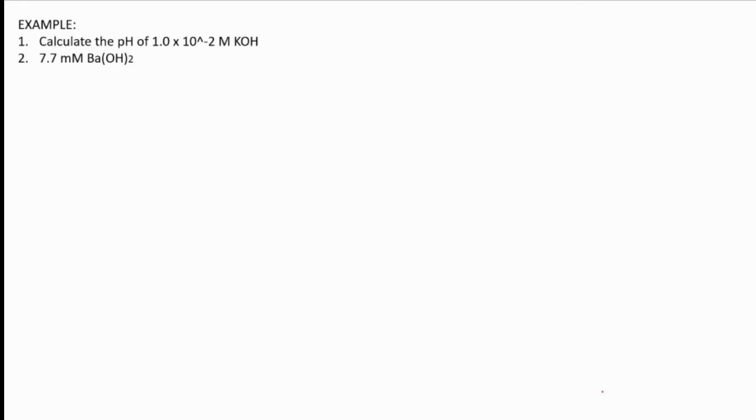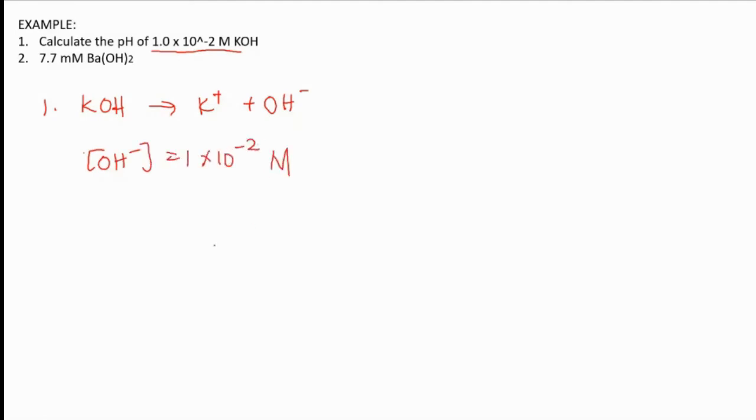So, for example, let's calculate the pH of 1 times 10 raised to -2 molar. So, isulat natin, number 1, KOH, K plus OH minus. So, 1:1. So, this one is the concentration of your OH minus, 1 times 10 raised to -2 molar.